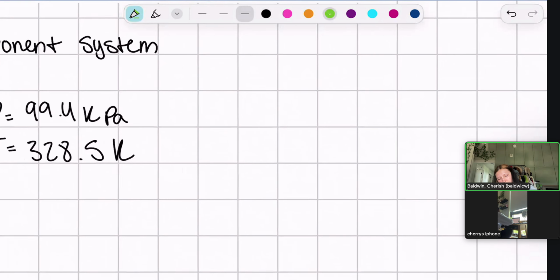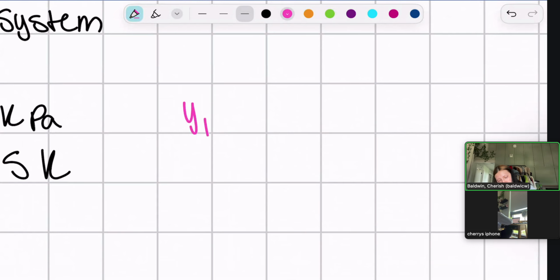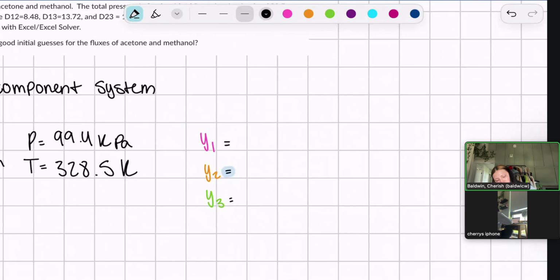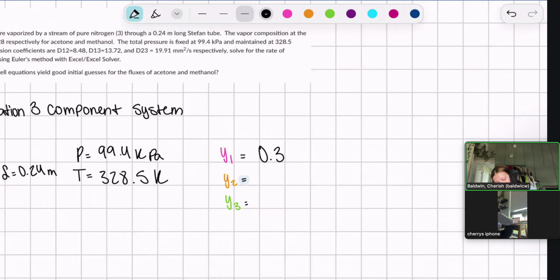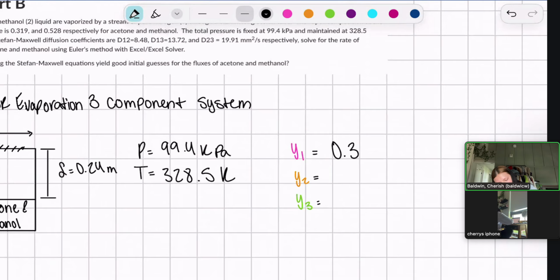So we know that y1, y2, and then y3 are 0.319 millimeters squared per second, and this is 0.528 millimeters squared per second.